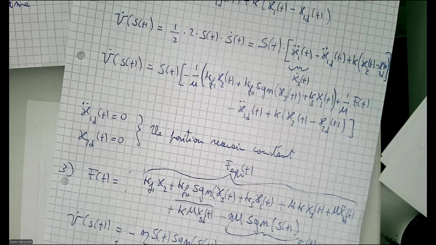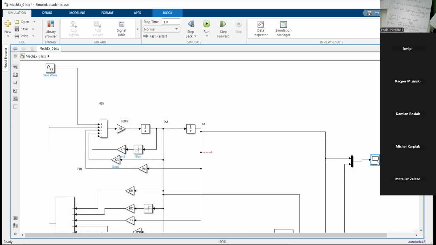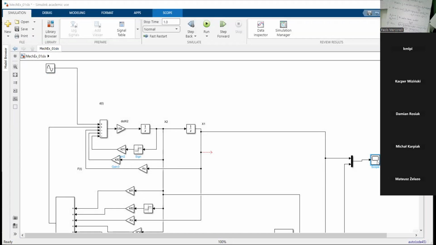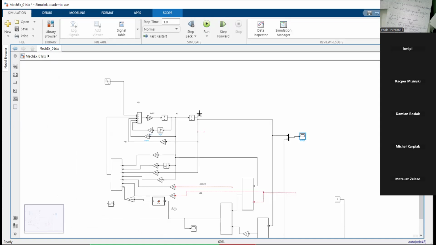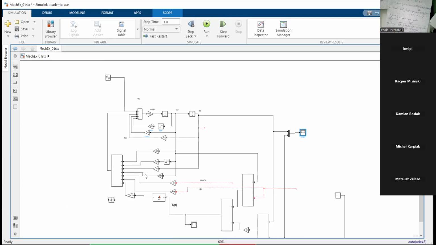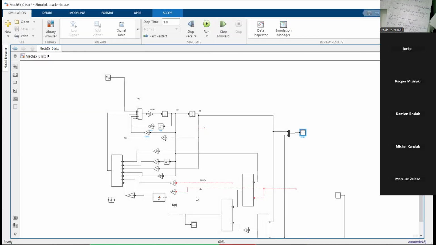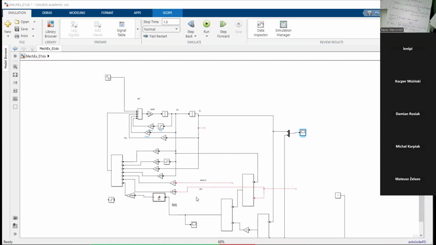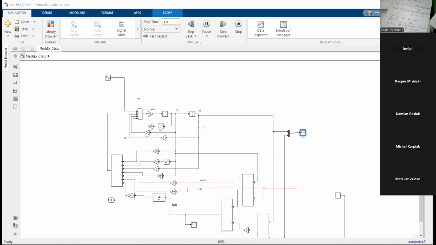Yeah. I don't understand why it does not work. One second. This is the result.